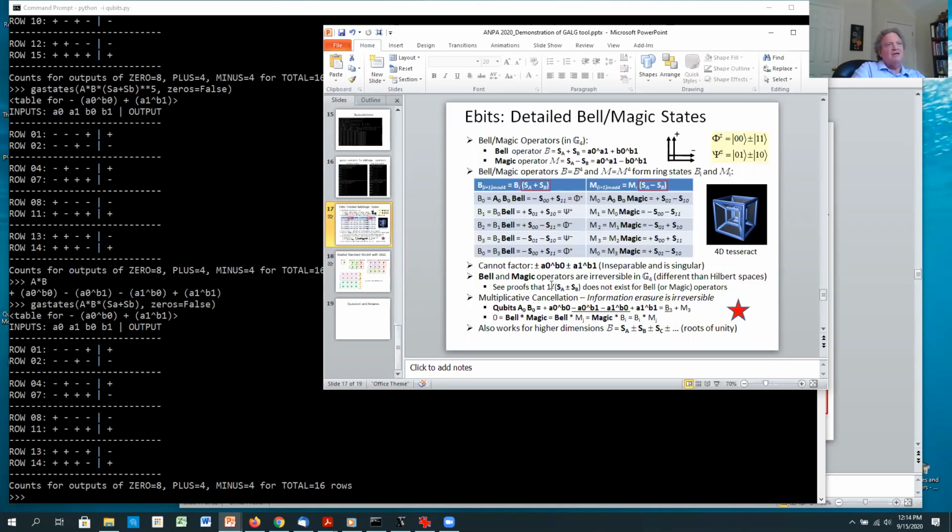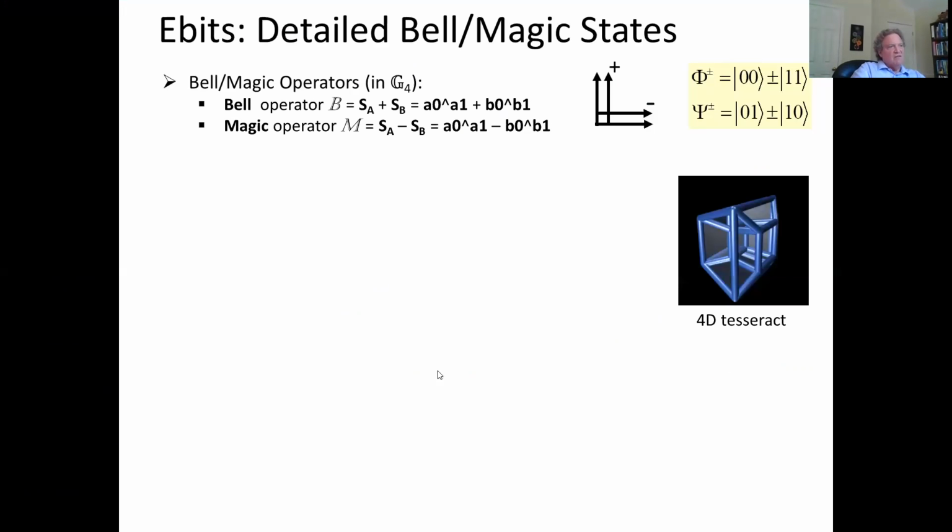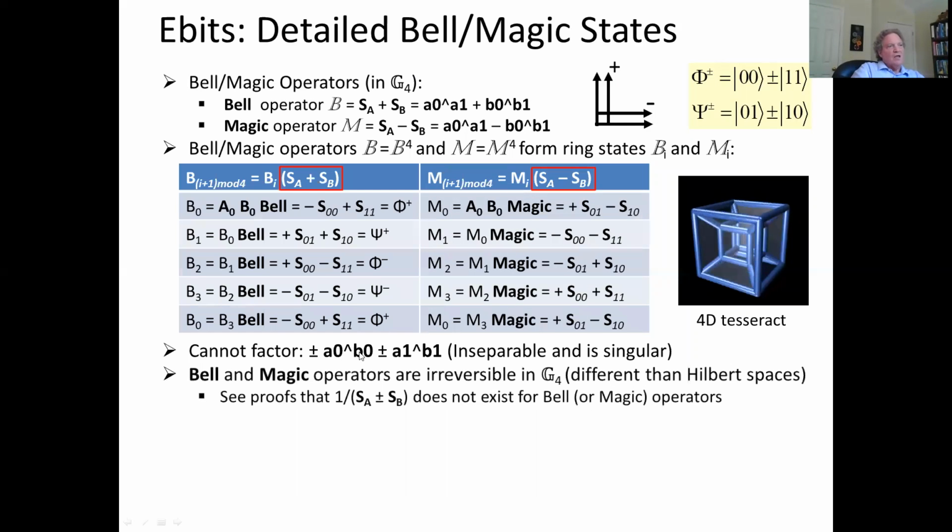You can't find an inverse of them. And so these states, due to Landauer's principle, are stable in the sense that information was erased to get into this state, and they're singular. So in order to get out of this state, you have to add that information again.